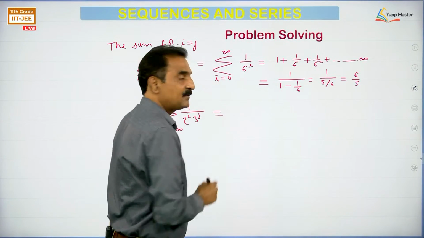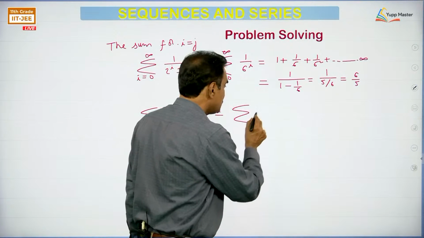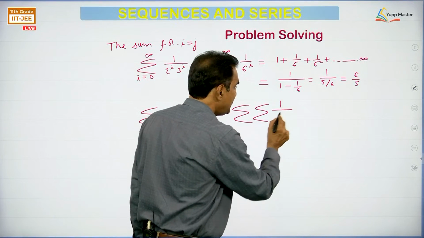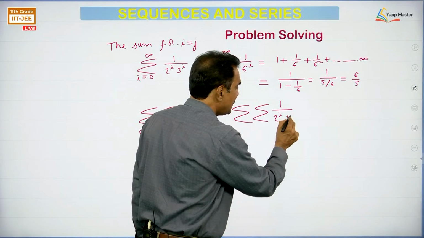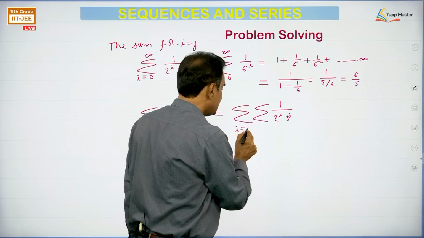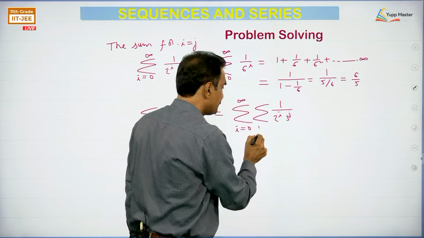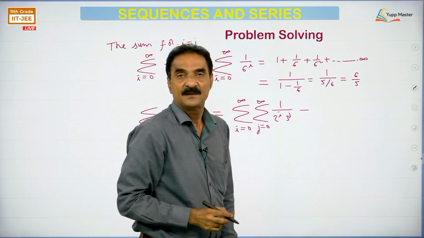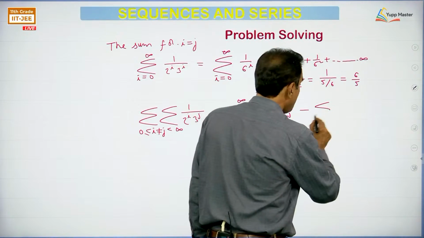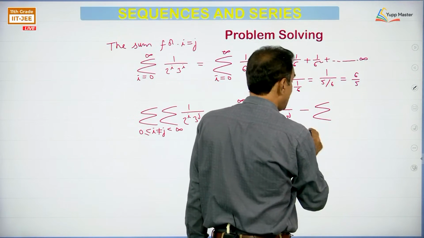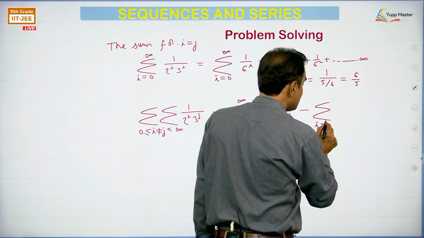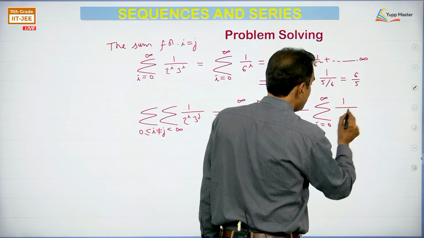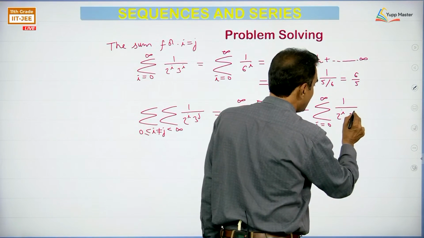So, this will be equal to sigma 1 by 2 power i 3 power j, where i and j are independent, minus sigma, only a single sigma for i equal to j, i varies from 0 to infinity, 1 by 2 power i into 3 power i.